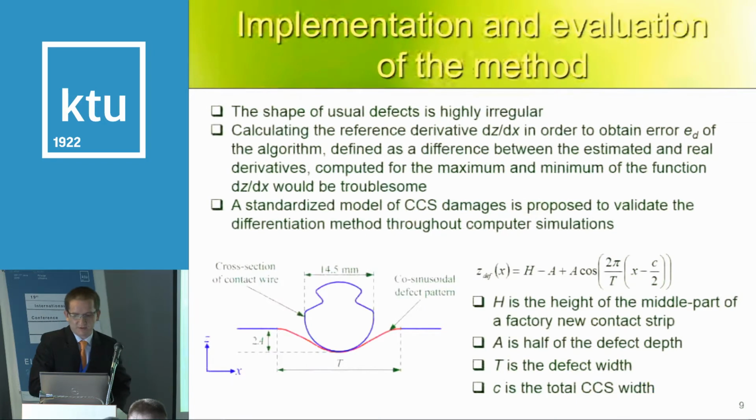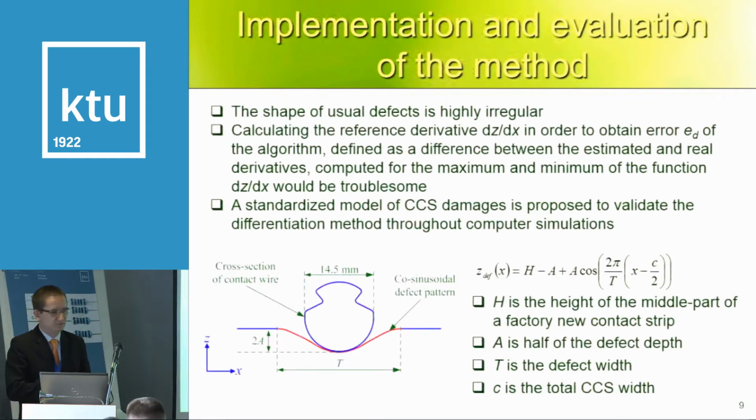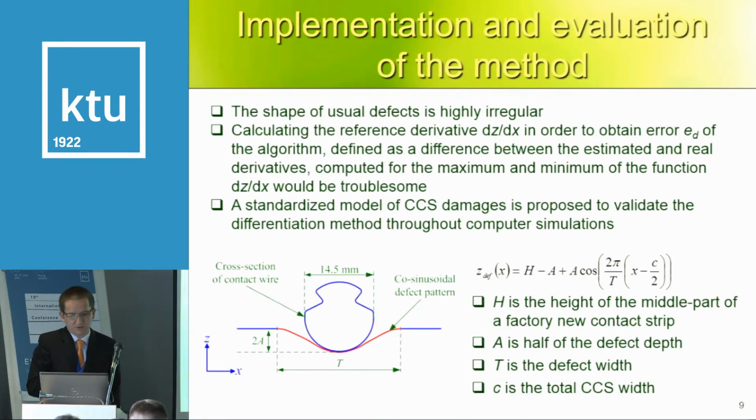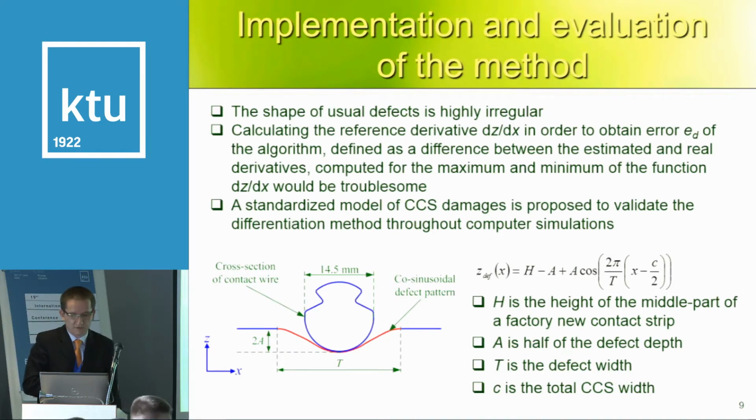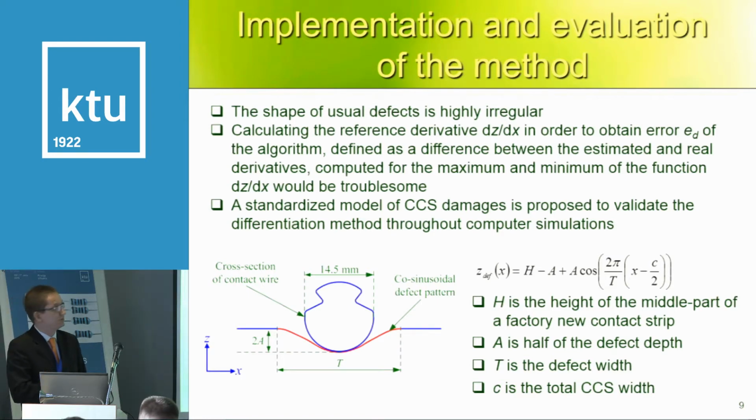To implement evaluation and validation of this proposed method, we proposed a standardized model of current collector damages. This is because the shape of usual defects is highly irregular, and the second reason is that calculating the reference derivative, in order to obtain the error of the algorithm defined as the difference between the estimated and the real derivatives, will be troublesome.